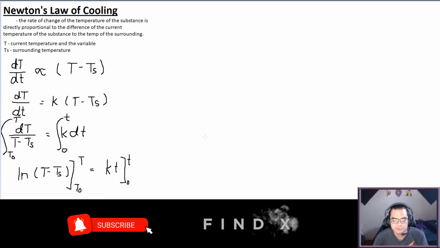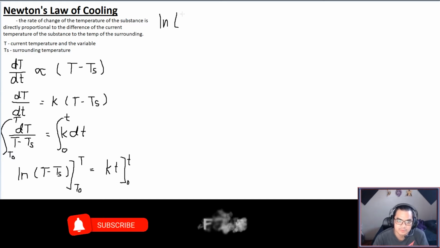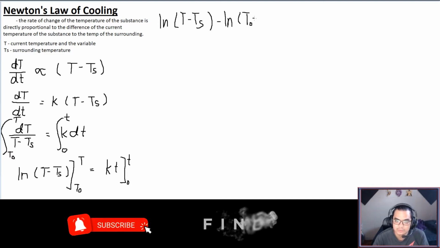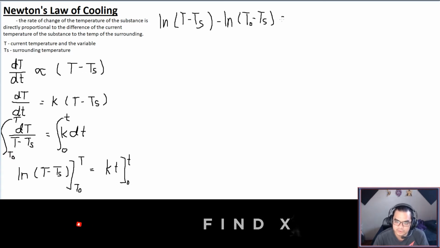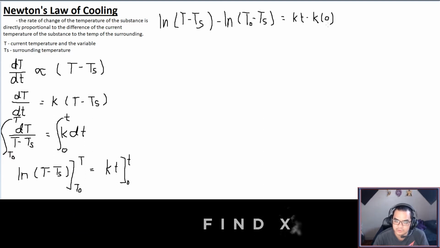Okay, so now we can apply the limit. Remember that will be upper minus lower. So ln T minus Ts, applying T first, the upper limit is T, and then minus the lower limit, which is ln T0 minus Ts. And then this will be equal to kt minus k times 0. This will be your upper limit, the t, and then your lower limit will be 0.